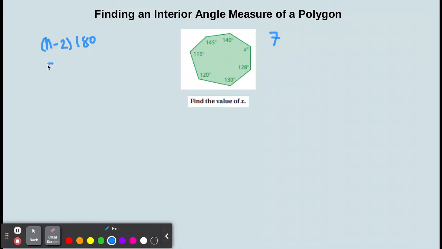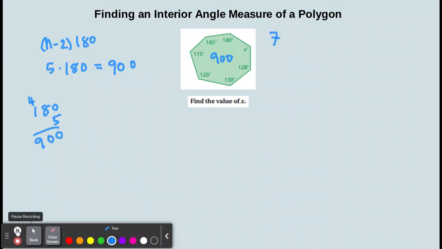So 7 minus 2 is 5, and 5 times 180 equals, so let's do that. 8 times 5 is 40. 5 times 1 is 5, plus 4 is 9. So 900 degrees. All these in here should add up to 900 degrees.